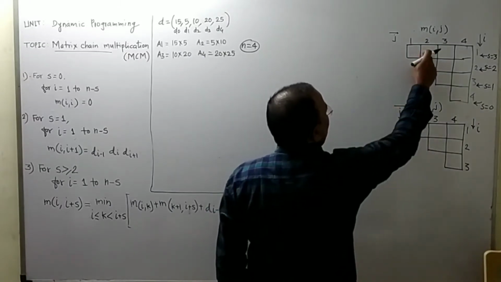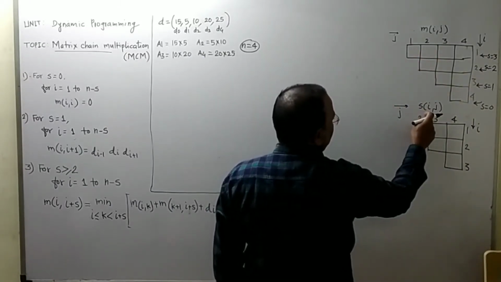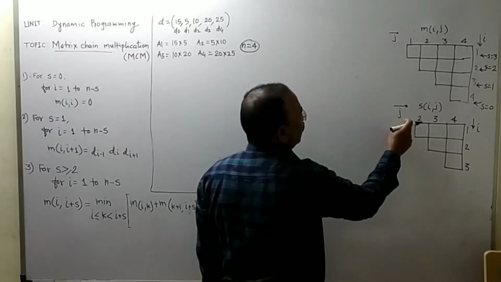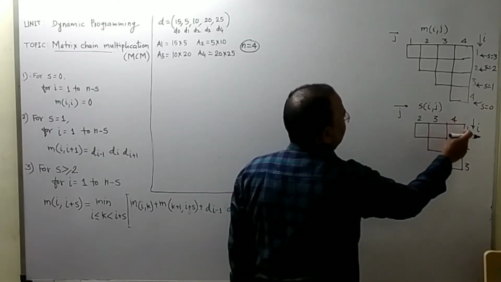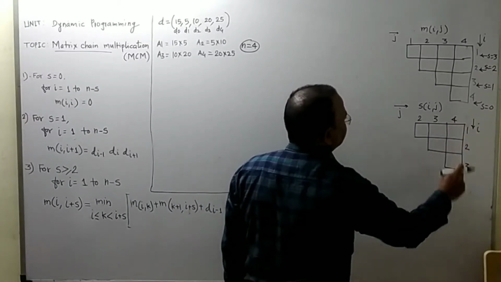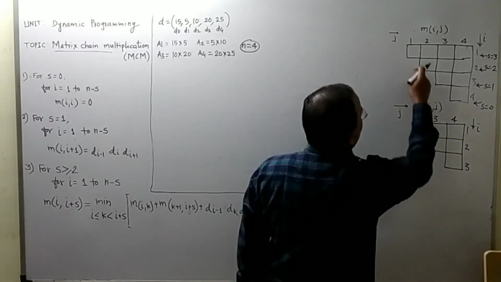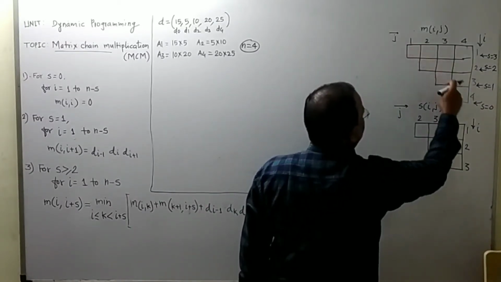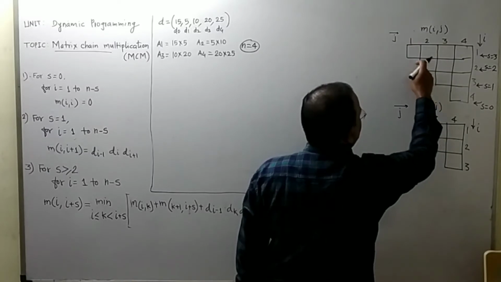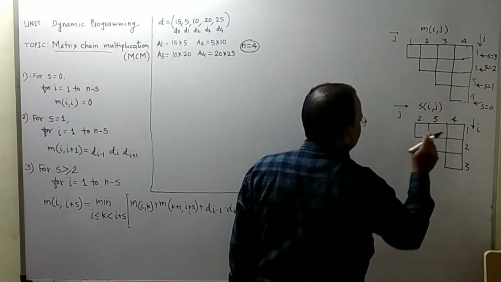Now draw the structure of the S table. In the S table, J starts from 2 to n and I starts from 1 to n minus 1, that is 3. So in the S table, we do not consider the bigger diagonal from the M table. We have just removed the bigger diagonal to get the S table.